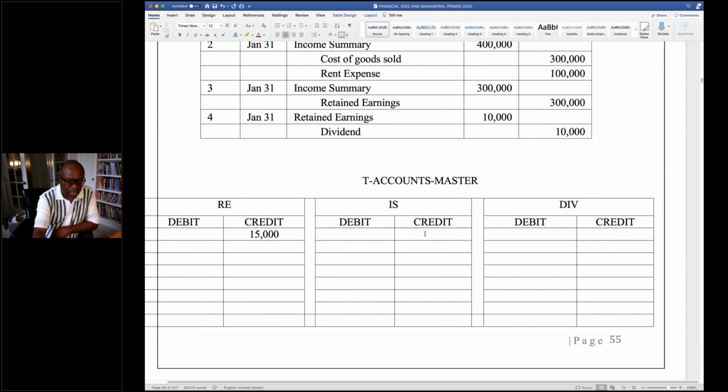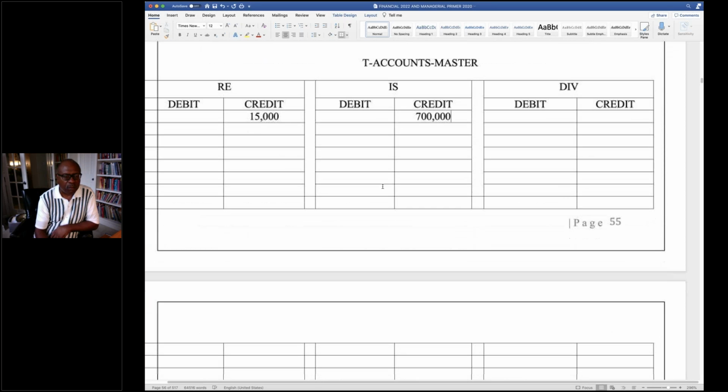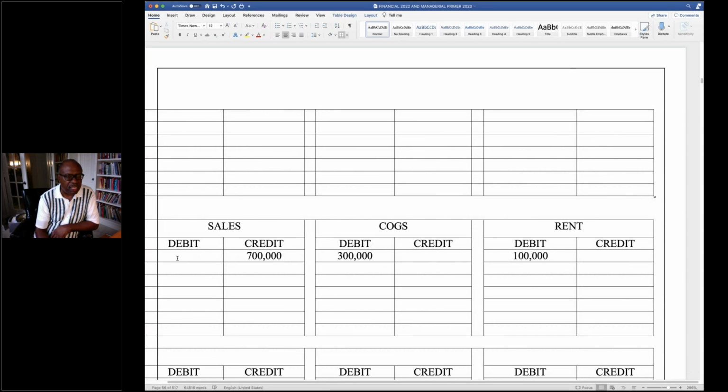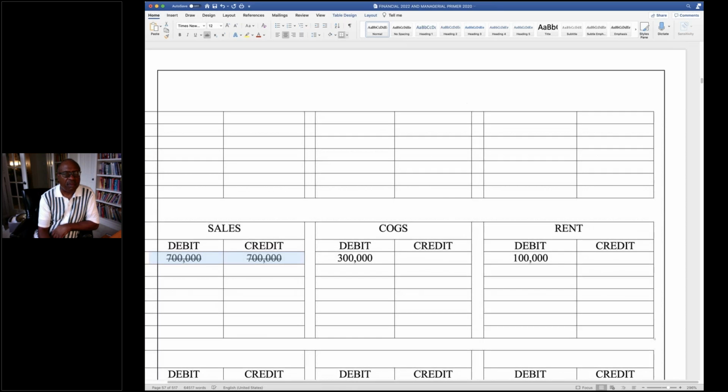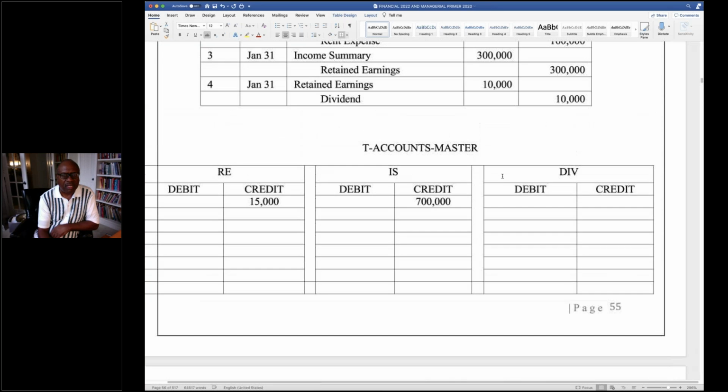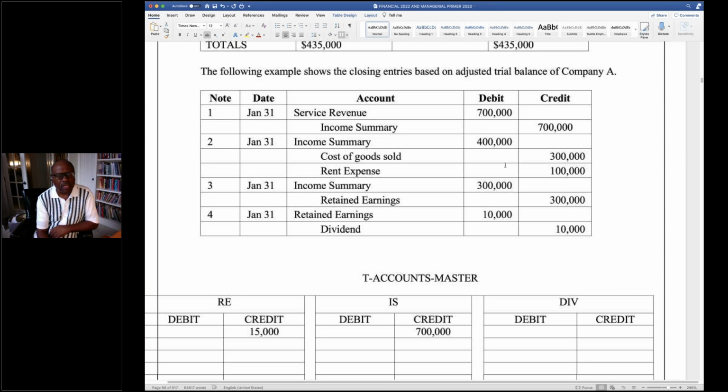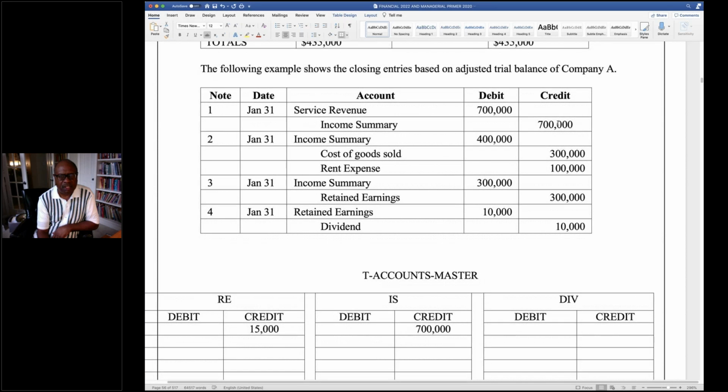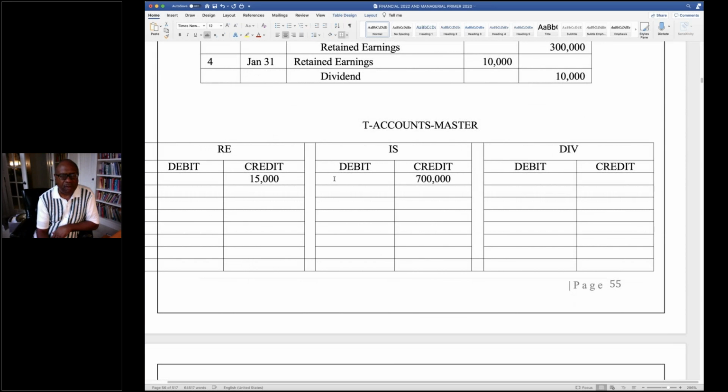So when we make this first entry and then we post it, we're going to credit the income summary. We're going to debit sales. So this account now is closed out. Okay. Next, we're going to close out the expenses. And so we now are going to debit income summary for 400,000.